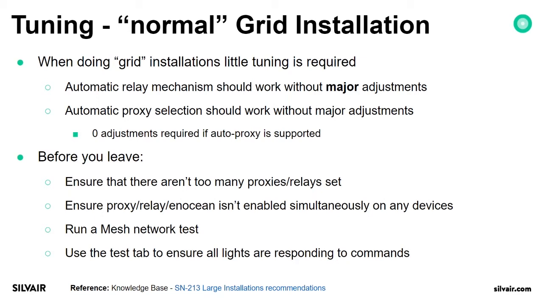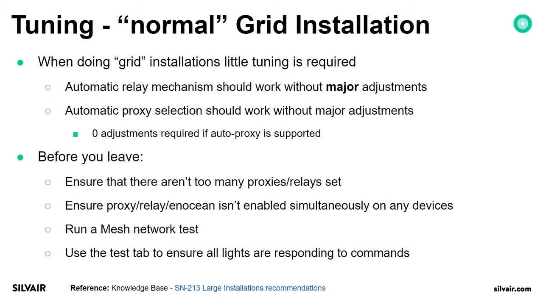So when finalizing such a grid installation, before you leave, ensure that there aren't too many proxies or relays set. Usually in grid installations, it's not a problem, but it's always good to deselect relays and proxies if there are too many.